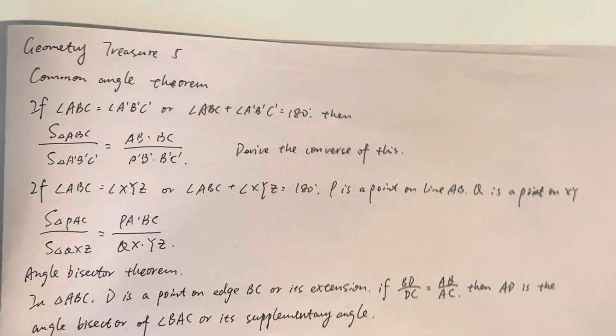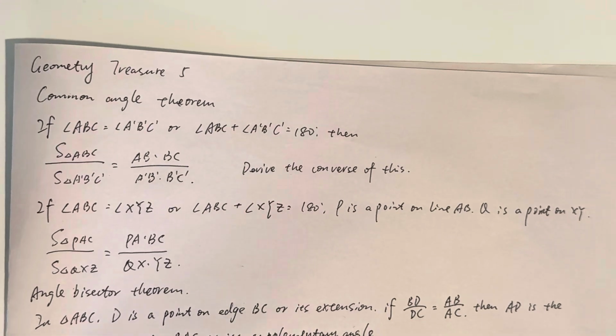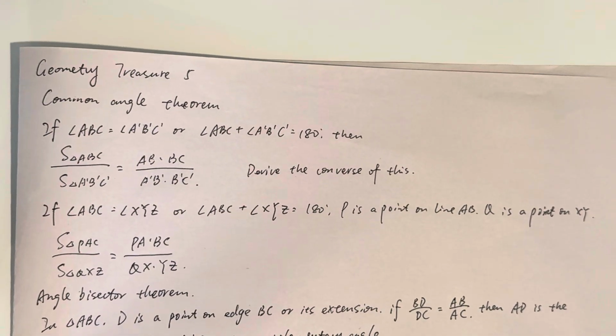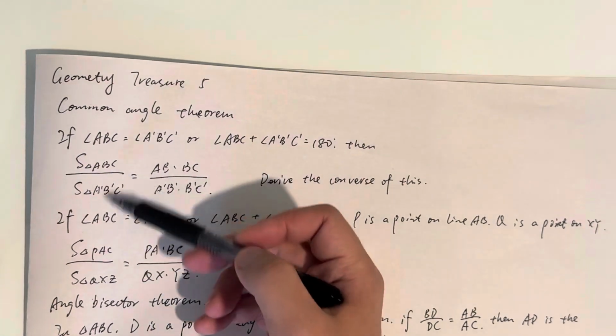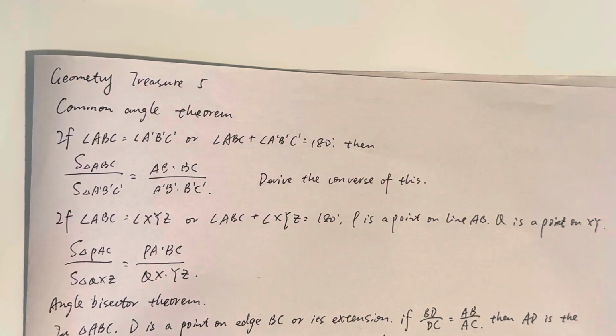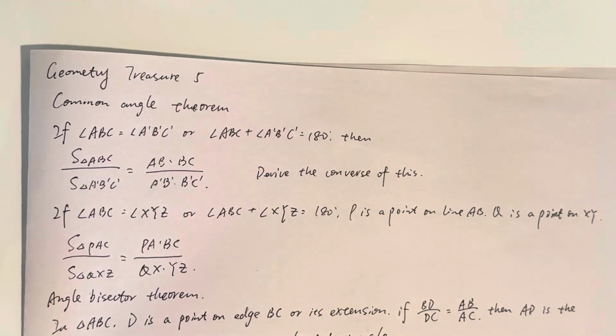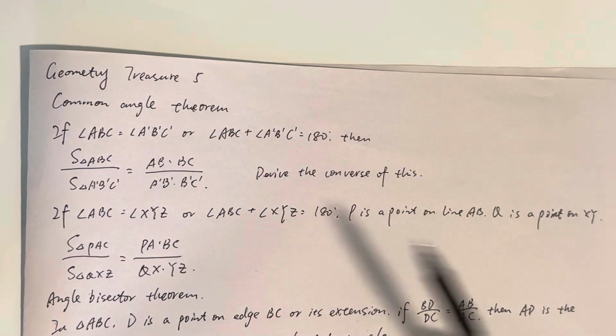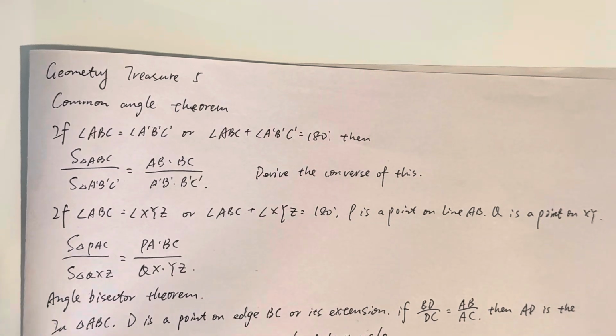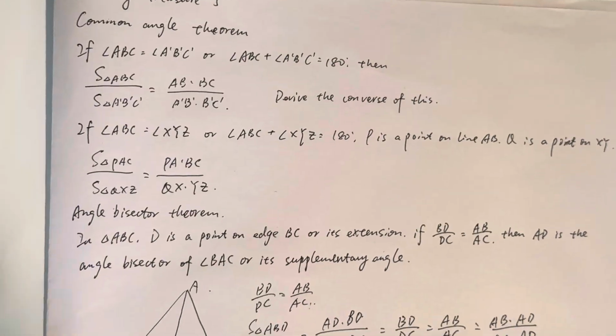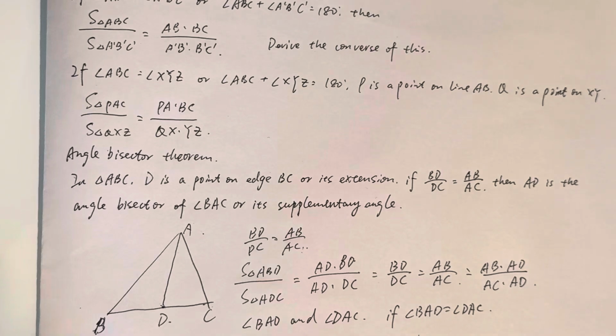Okay. So in this video, we shortly reviewed the theorem called the common angle theorem, with which we get the area of triangles based on their edge ratio, just because one of the angles is equal, right? And based on that, we derived the angle bisector theorem.